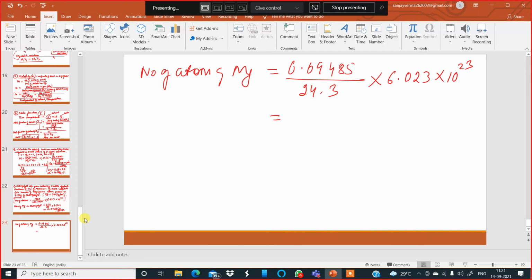Do you have your scientific calculators with you all? If you don't have one, try to buy one, because it is allowed in the examination for ISC.